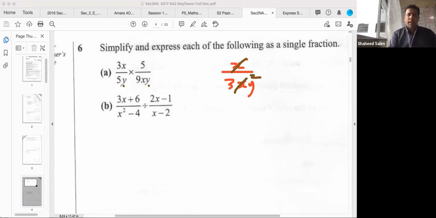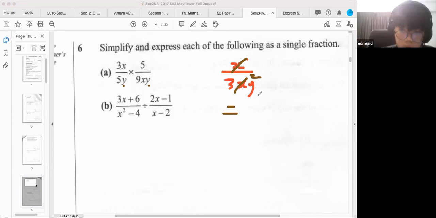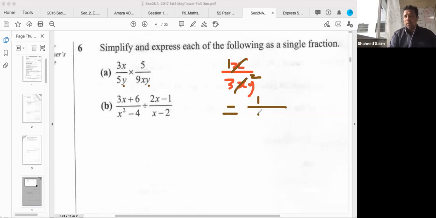Can you see now? y times y is y squared. So what's your final answer? This one becomes 1, 1 over 3y squared. Because remember, this is y times y, y squared. Are you okay? So this is the final answer.